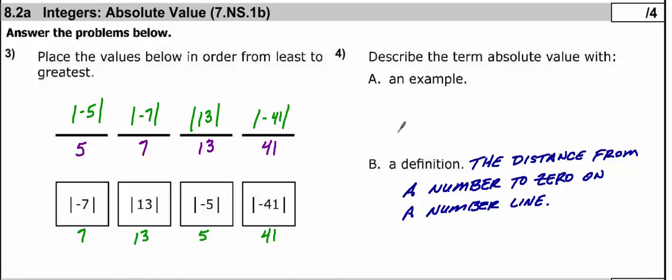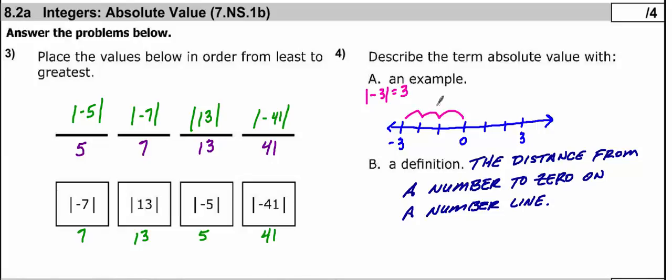Moving on to an example of absolute value. Well, an example of absolute value, since it is a distance from 0 on a number line, examples include number lines. So let's just do this. Examples of absolute value. You could think of an example, you could think of a diagram. I'm going to show you 2. Here's the example of the absolute value of negative 3. So the absolute value of negative 3 is 3.